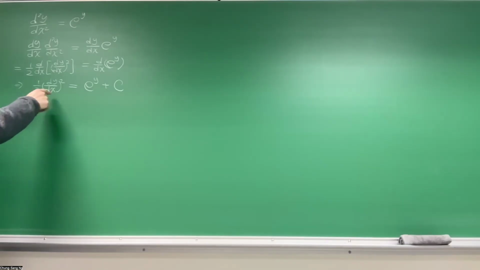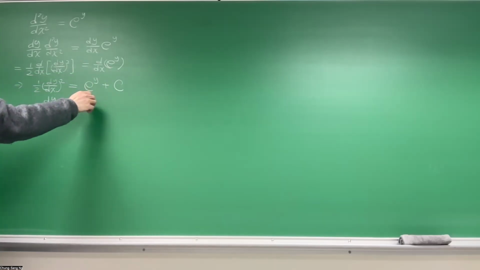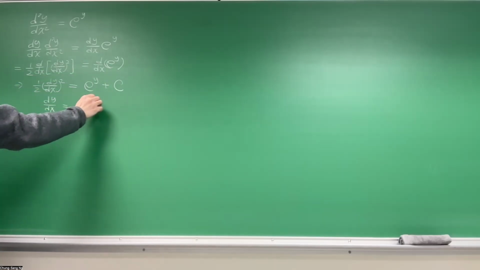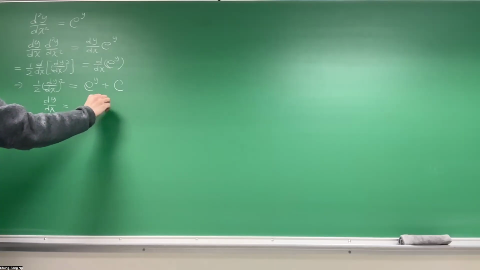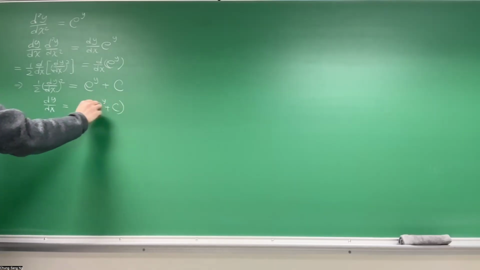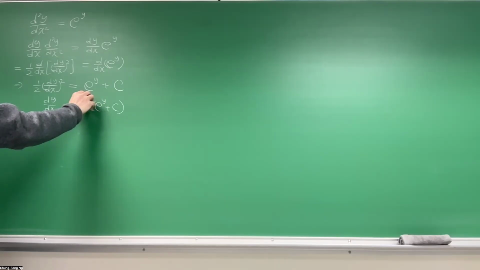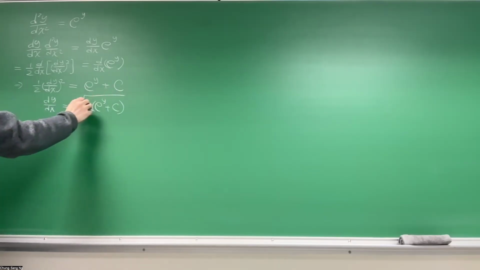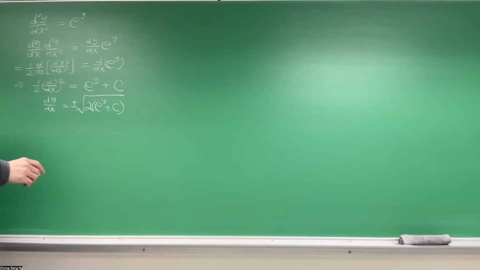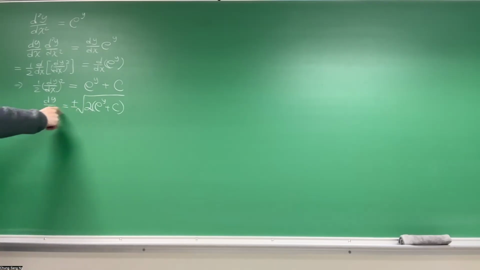In principle, now you can solve for dy/dx. So you have 2 times (e to the y plus c), and take the square root, but then there is the possibility of a plus and minus sign. And now this is separable.